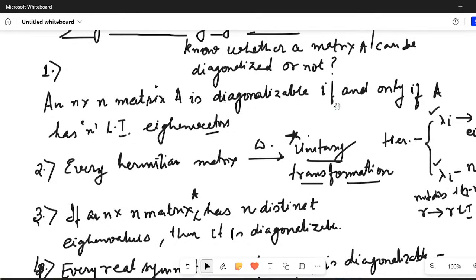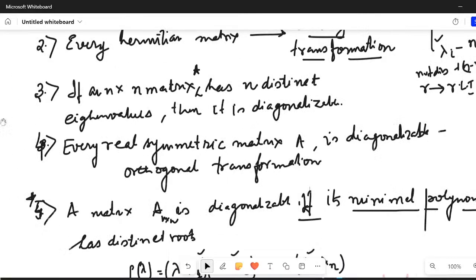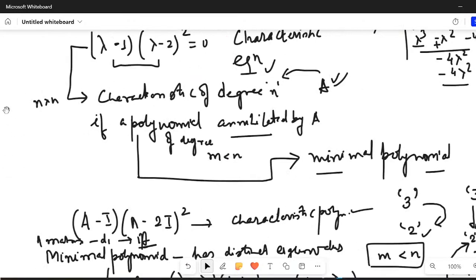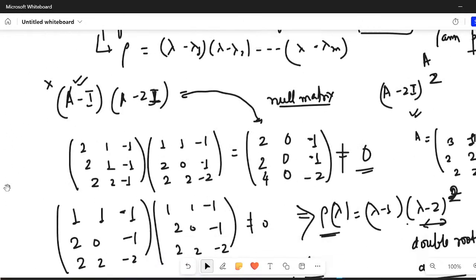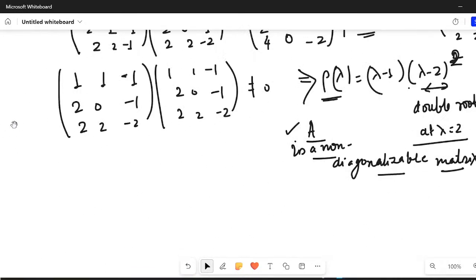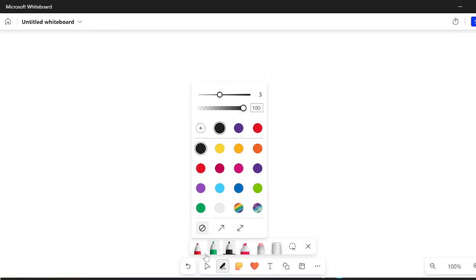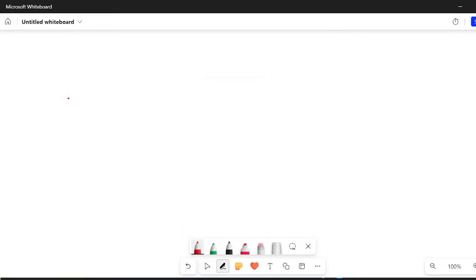So it is also an if and only if statement. So let us try to find the eigenvectors corresponding to this matrix, so that it becomes a comprehensive discussion. Today we will only discuss this. We'll do a good number of questions tomorrow, but please make sure that these are very important things for your exam also, and otherwise also.